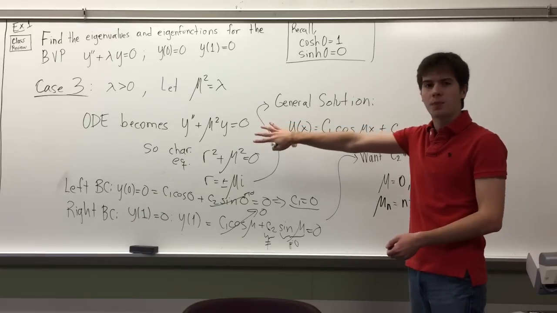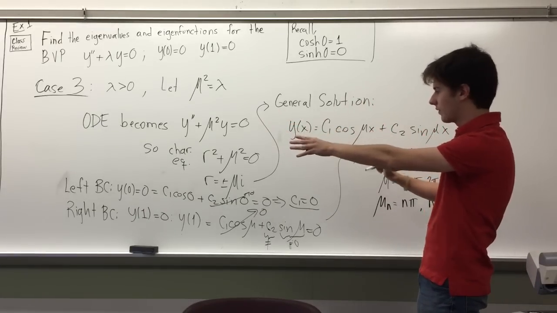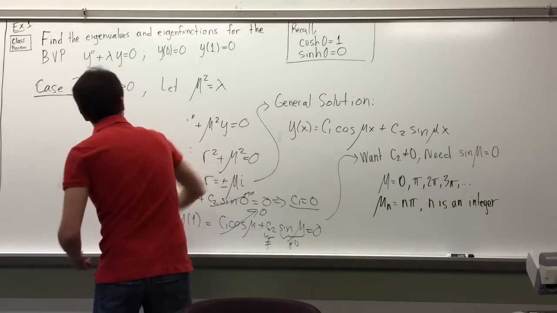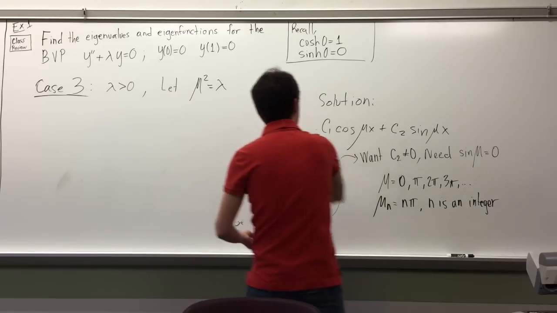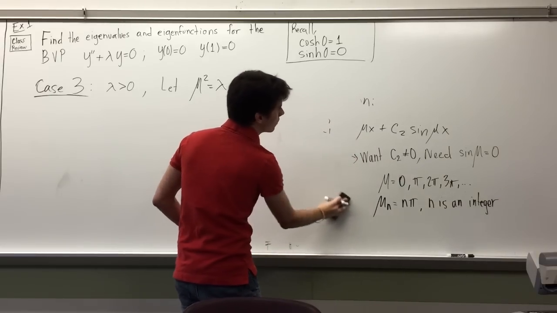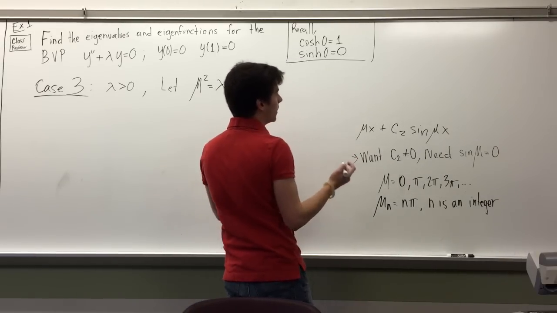I'm going to erase this part of the board so I can write down our eigenvalues and eigenfunctions on this side of the board. So this is what we have. I'm going to write the things that we need here.